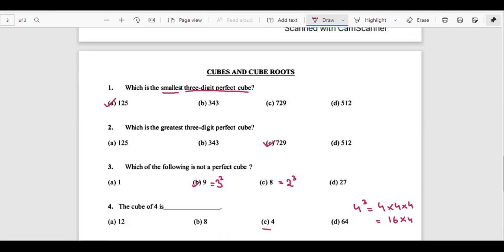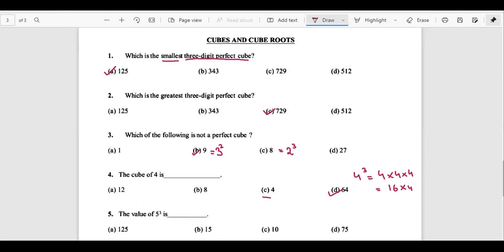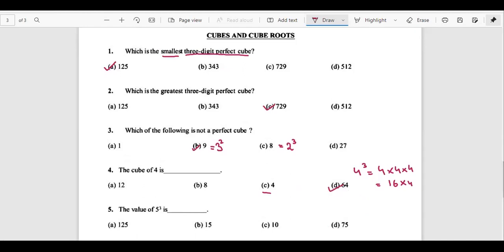If you have been practicing questions, you must be familiar with such multiplications, that 16 into 4 is 64, right? Since you'll be learning the cubes and squares, you should know that. Then we have the fifth question. The value of 5 cube is, again, we have to refer to our sheet, and we know that it is 125, right? 125. Yes.